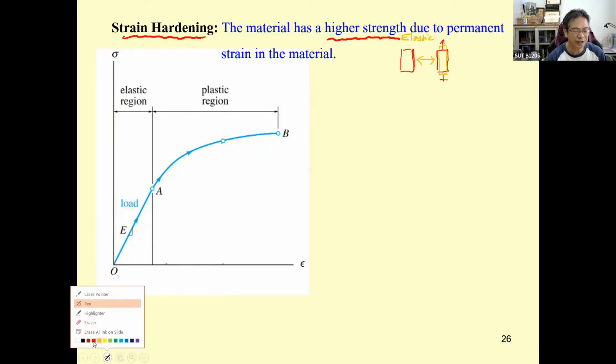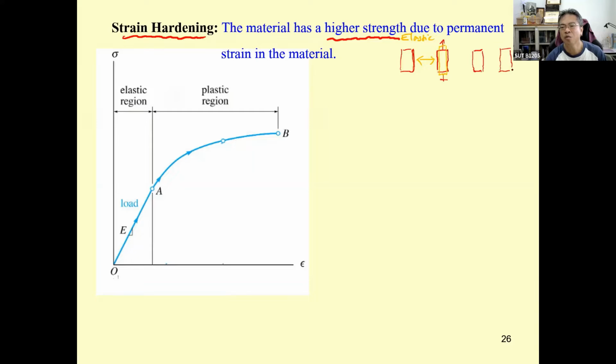But if you have the specimen and you pull it with a large force and produce very large deformation, and then when you release it, some of it can return to its original length, but some still stays.